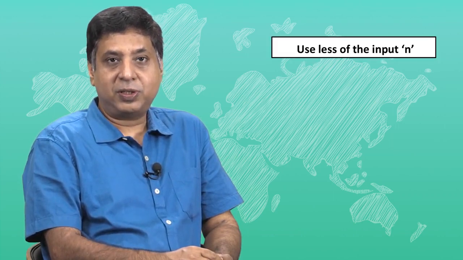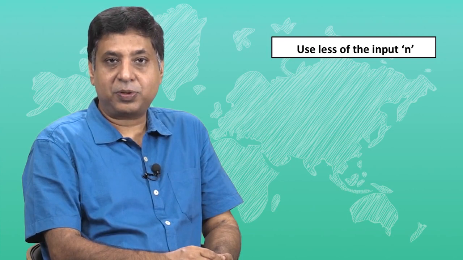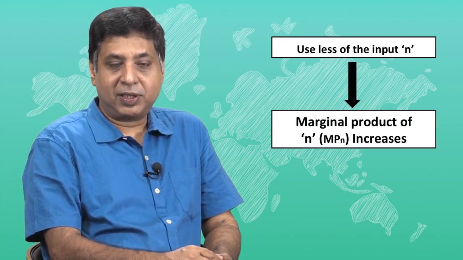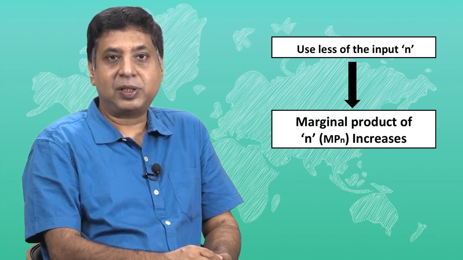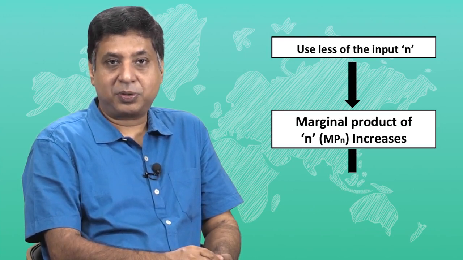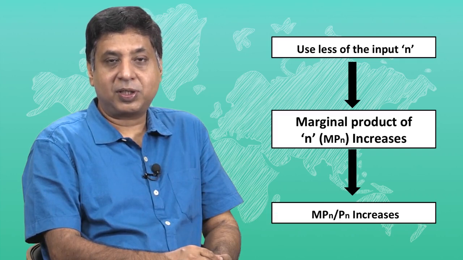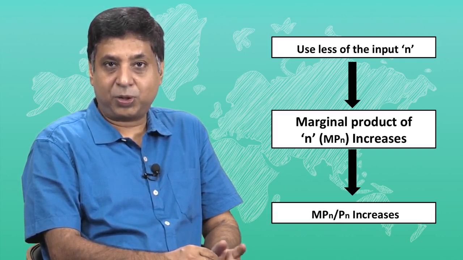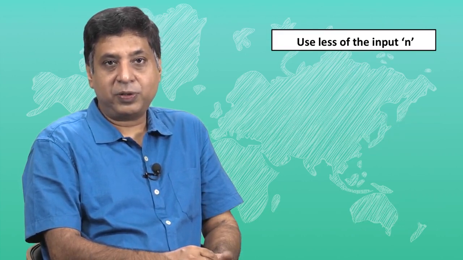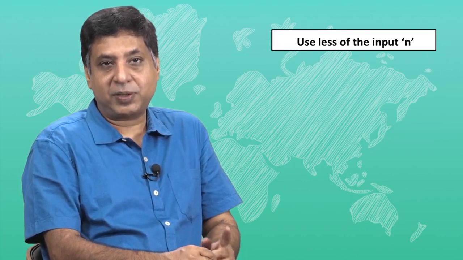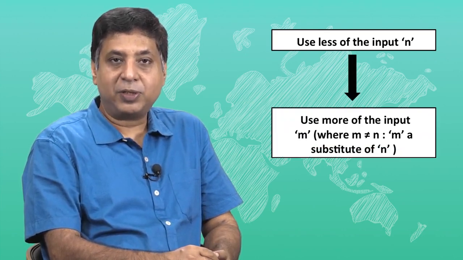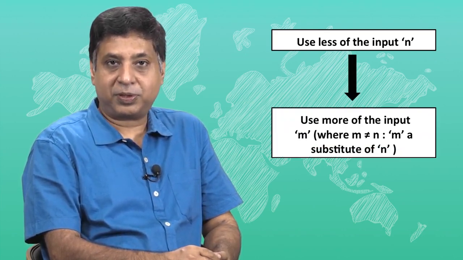Well, one way out is to obviously use less of the input whose price has gone up. If you use less, then the marginal product will increase. So then the marginal product by the price ratio will again go up, as it should. Also, if you use less of this particular input, you will probably substitute it by using more of some other input.